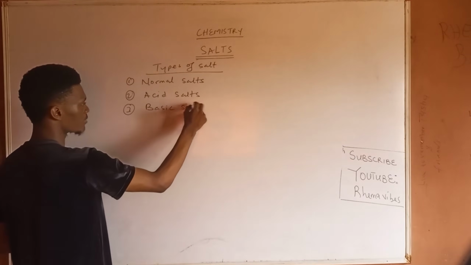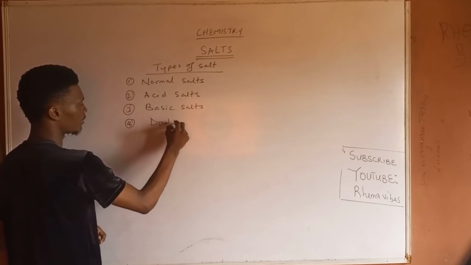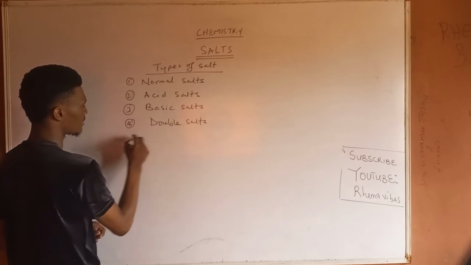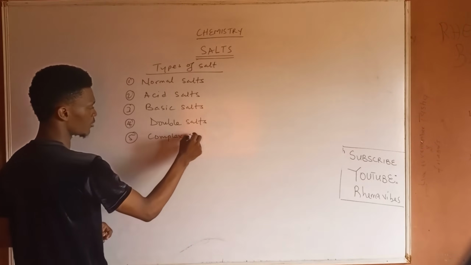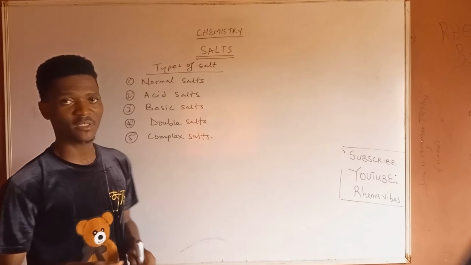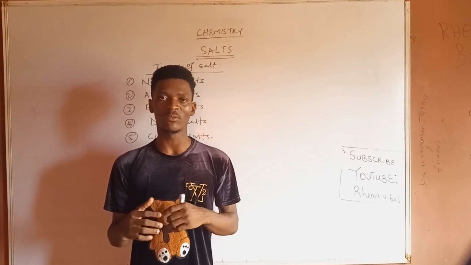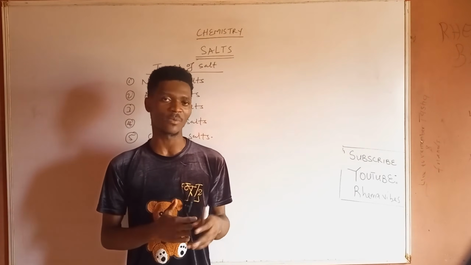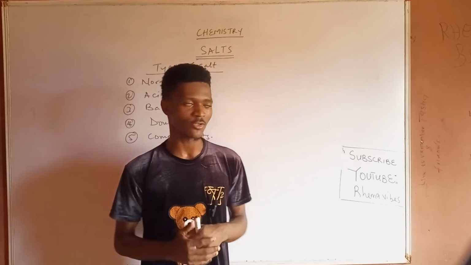We have basic salts, we have double salts, and we have complex salts. So these are the five types of salts that we have. I'm going to explain them one after the other, especially in exam cases whereby they will ask you which of the following is an example of a normal salt, which of the following is an example of acid salt, and all that. So pay attention.